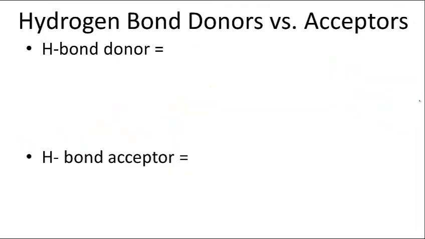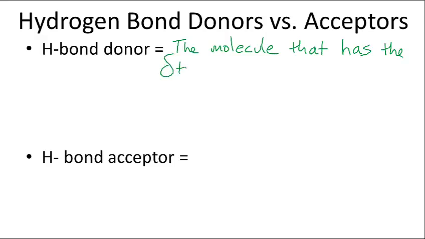So we give those two things names. The H bond donor is the molecule that has the partially positive hydrogen atom as part of the interaction.